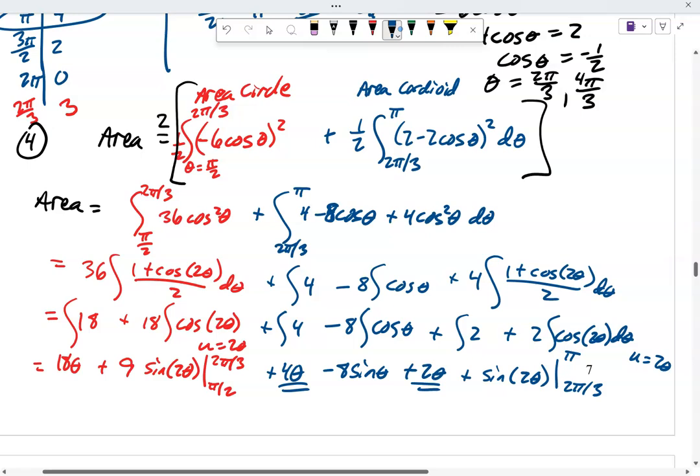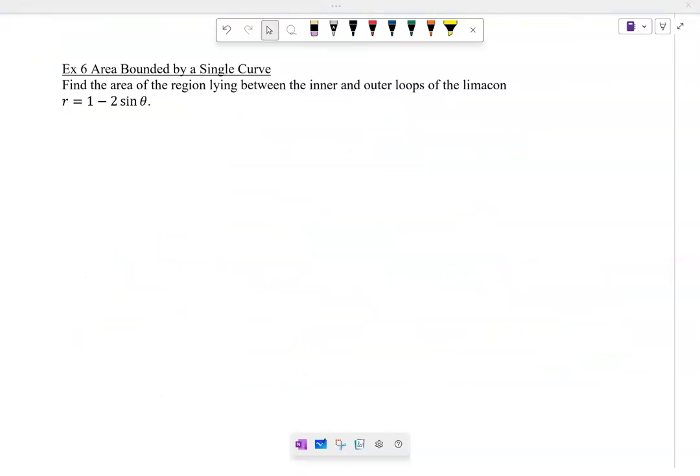I'm kind of running out of room here, but if you plug those in, this will all end up being 5 pi. All right, let's do another one here before we move on with a little commentary.